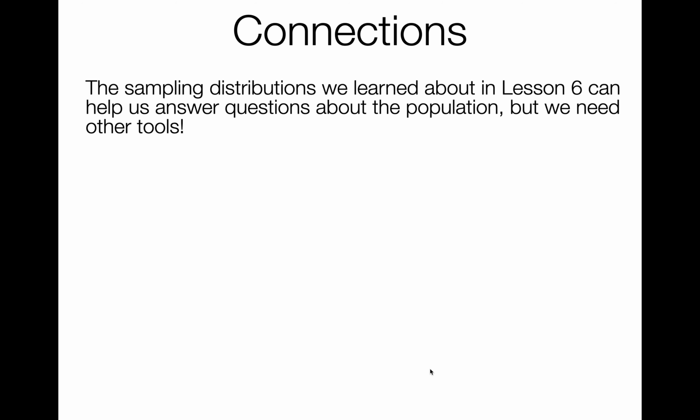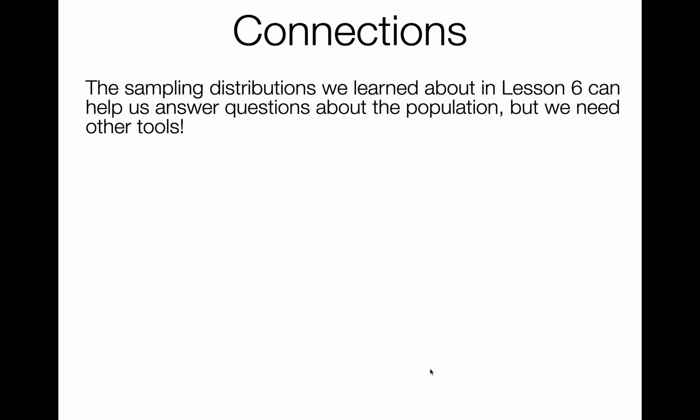For instance, I might be interested, if I am a pollster working for Joe Biden or Donald Trump or whoever, in how much of America supports that candidate. That's very valuable information.